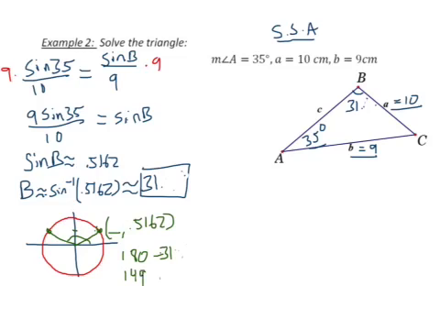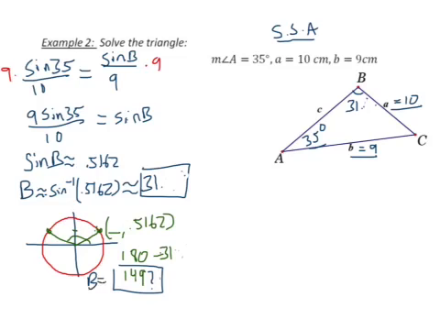That means that maybe 149 is another possibility. If 149 is another possibility, we have what we call the ambiguous case here, or the indeterminate case, as it is sometimes called. Could B be equal to 149?